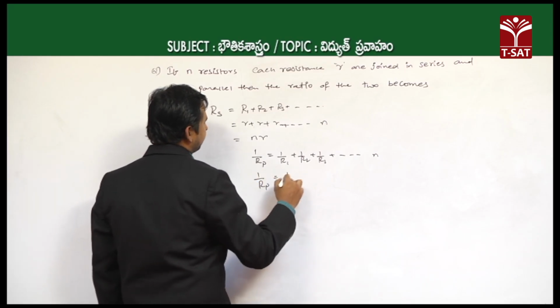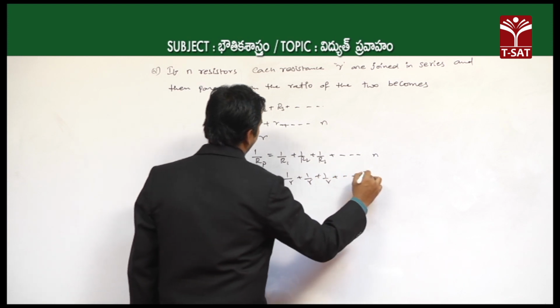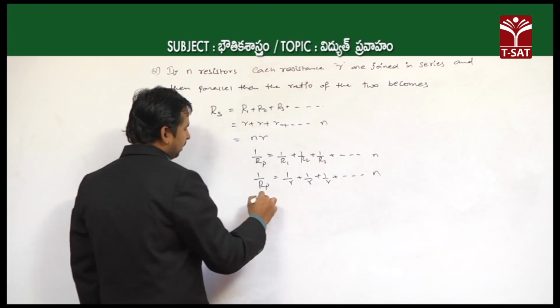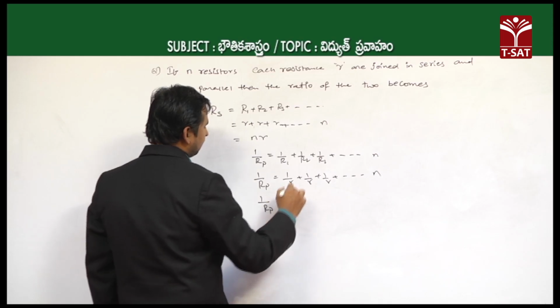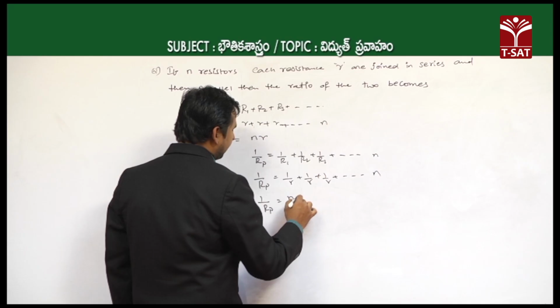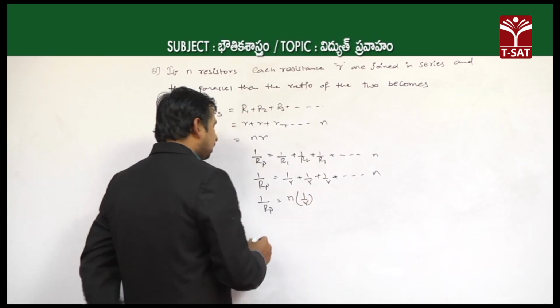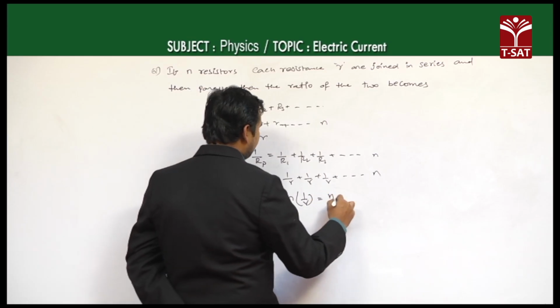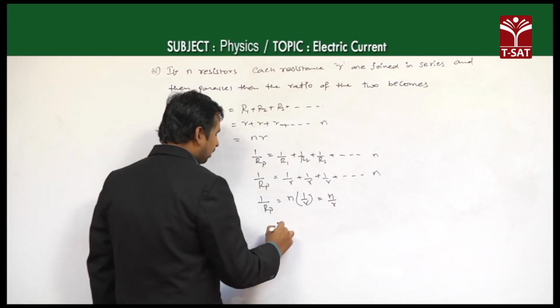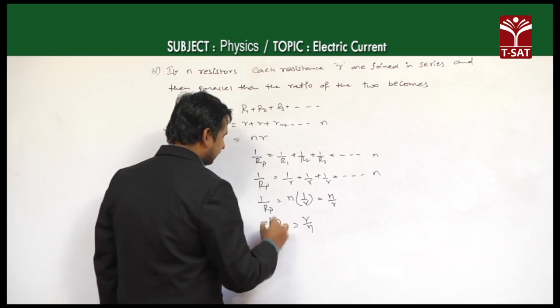Each one has a resistance of R only, so it is 1 by R, 1 by R, 1 by R and so on, n times. Then 1 by Rp becomes n times 1 by R, which is n by R. Finally, Rp is equal to R by n.